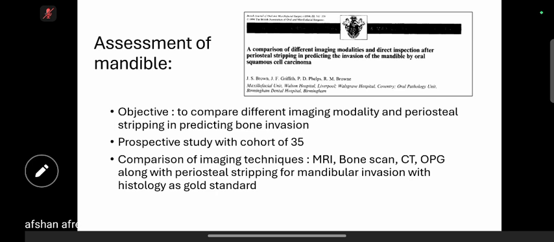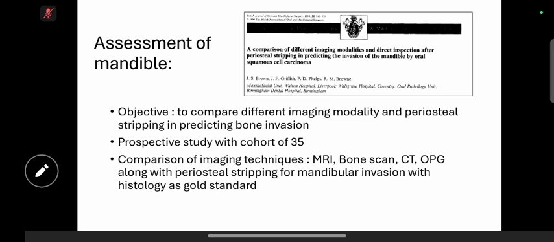Next is how we assess the mandible, that is, how much the tumor has invaded the mandible. There is a study by Brown et al., published in 1994, a comparison of different imaging modalities and direct inspection of periosteal stripping in predicting the invasion of mandible by oral squamous cell carcinoma.